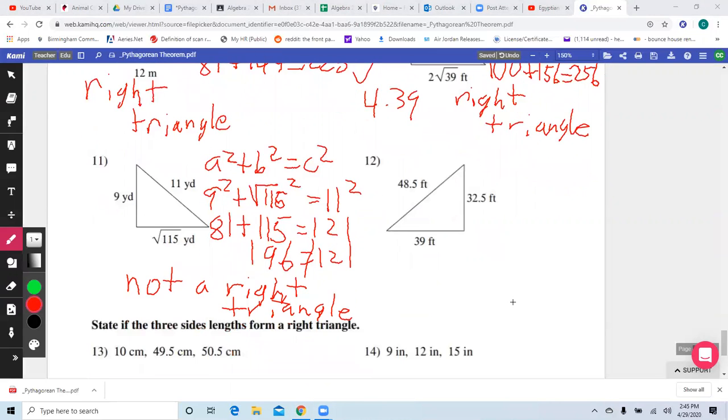Okay, so number 12, I'm actually going to skip because you do the same thing, right? You're just going to do a squared plus b squared equals c squared. And then you're just going to check.